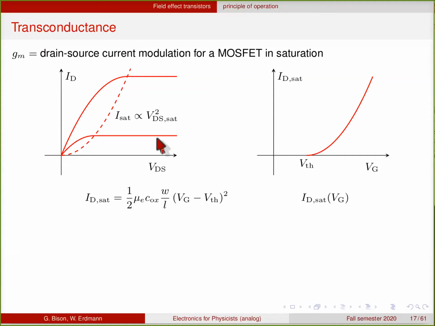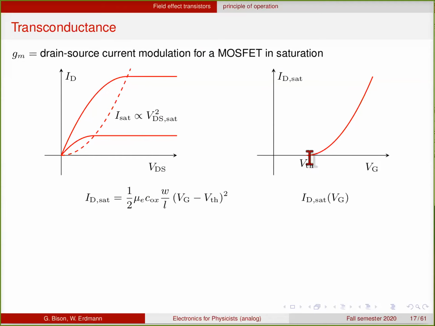So this picture here we've already seen. It shows how the saturation current behaves as a function of the gate voltage and the drain source voltage. The drain source voltage is constant here. Now, if you look at the saturation currents as a function of the gate voltage, you also get this quadratic behavior here.